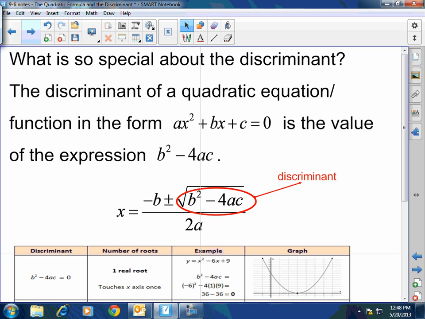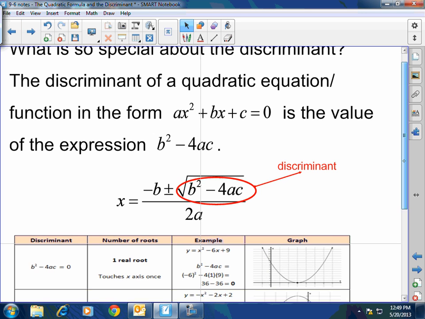What is so special about the discriminant? Well, the discriminant of a quadratic equation or function in the form of ax squared plus bx plus c equals 0 is the value of the expression b squared minus 4ac.